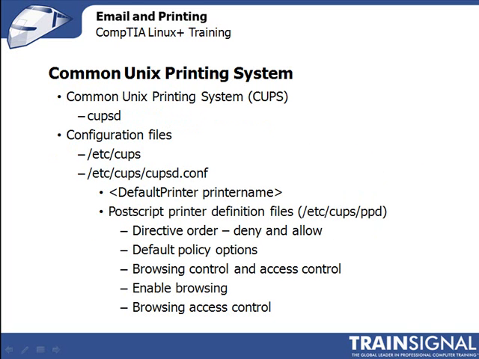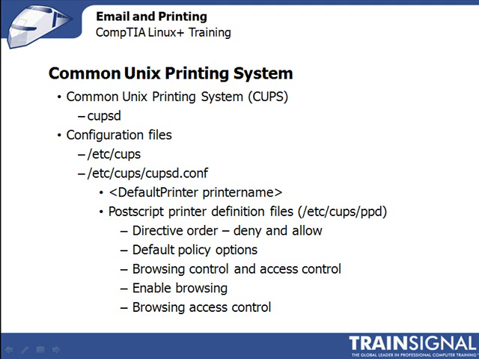The most common Linux printing system is Common Unix Printing System, better known as CUPS. The cups daemon runs in the background and controls the availability of print queues so that your users' client machines know which printing options exist at any time. Cups configuration files are stored in /etc/cups.